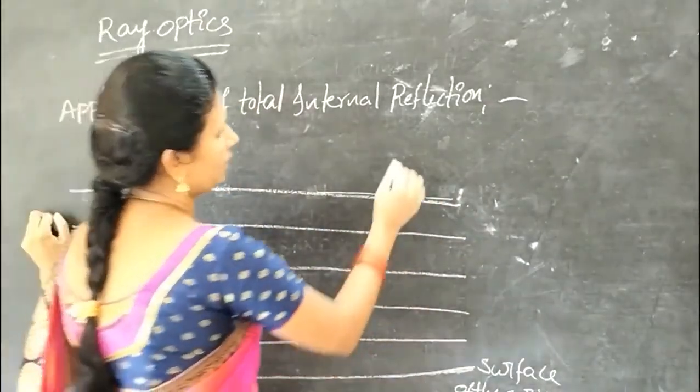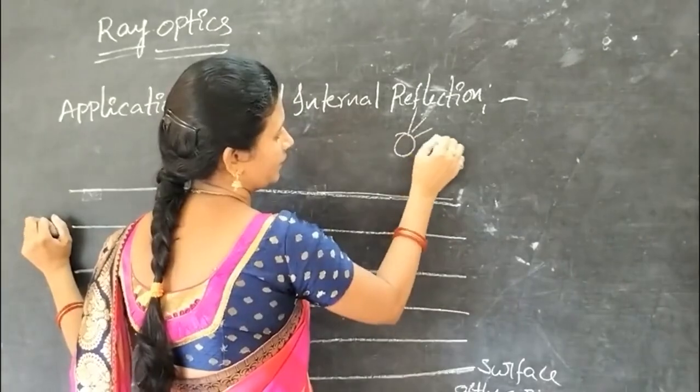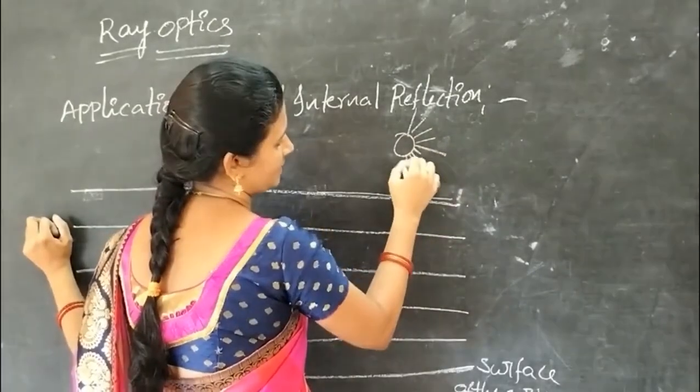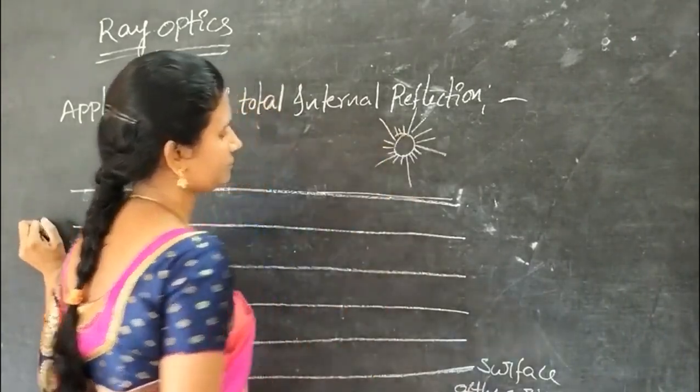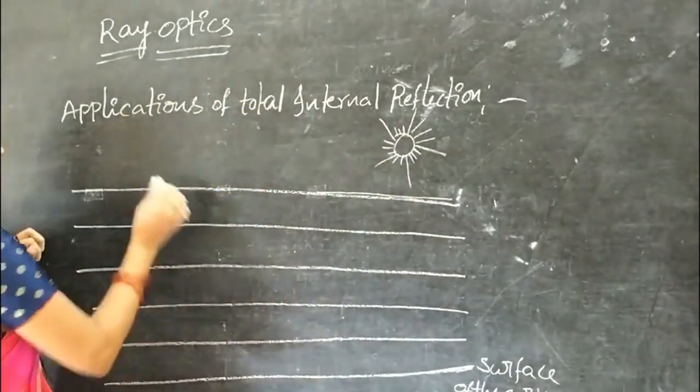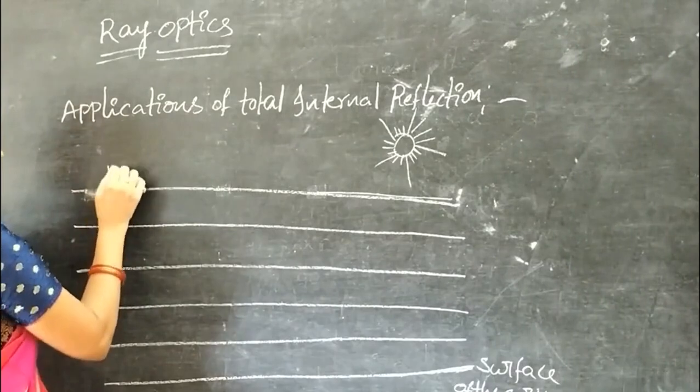Suppose the light is coming from the sun. Here there is a tree.